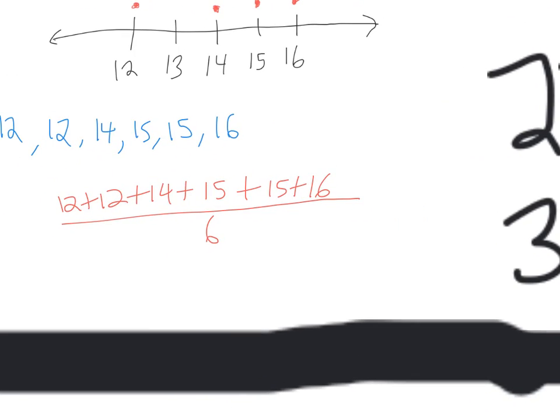And that will get us a total of 84 divided by 6. So that means our average, remember, top dog in the house, bottom dog sleeps outside if you want to do the long division. But that'll get us an average of 14. And that's it for that problem.